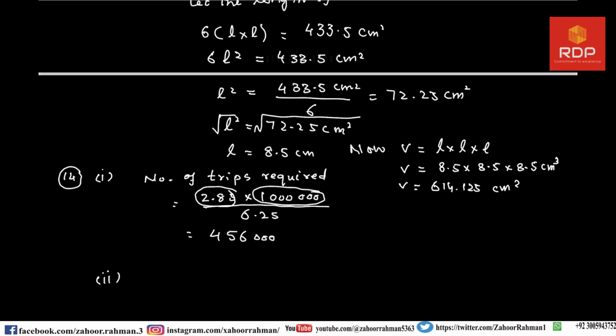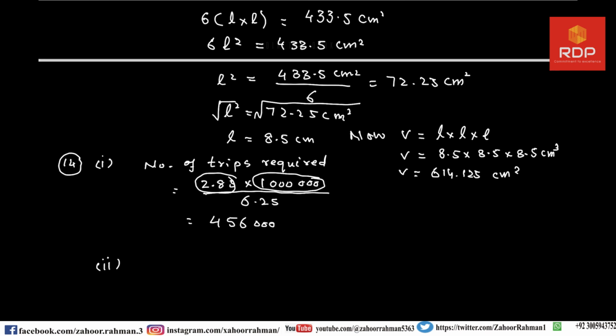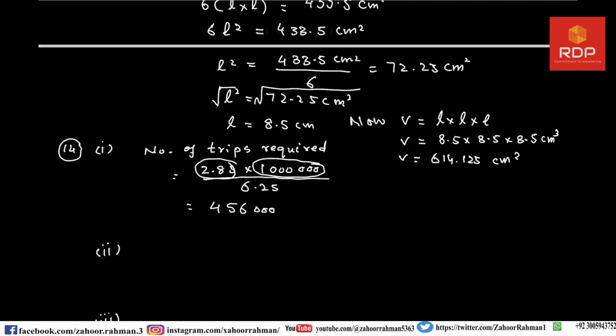Now in the second part they are saying the cost of transporting each truckload of earth was $55. How much did it cost to fill the quarry? Now dear learners, in the second part we have to find the cost of filling that quarry.